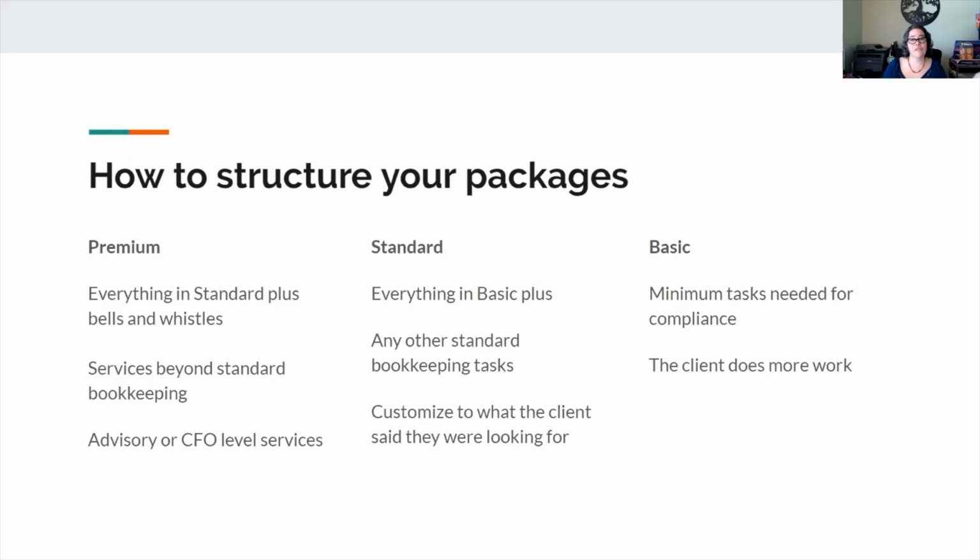And then you build from there. So your middle package will include everything that's in your basic plus more. And then your premium package will have things that are beyond just basic bookkeeping. You will include the standard bookkeeping, but then it will have the bells and whistles. So if you offer advisory services, CFO services, special reporting dashboards, forecasts, things like that, that is where that would be included.